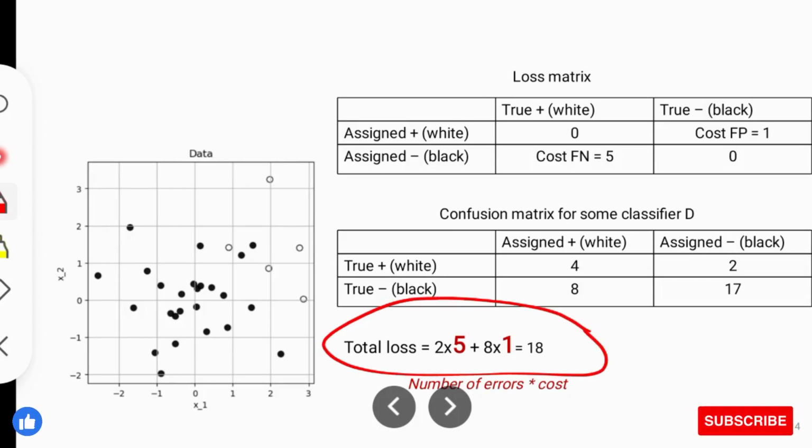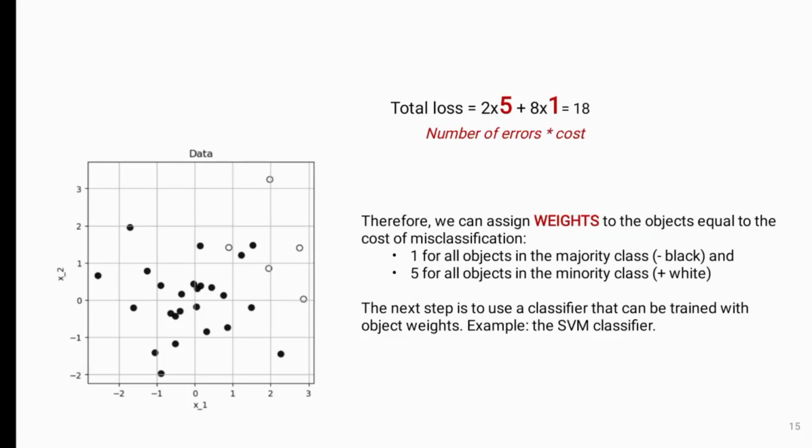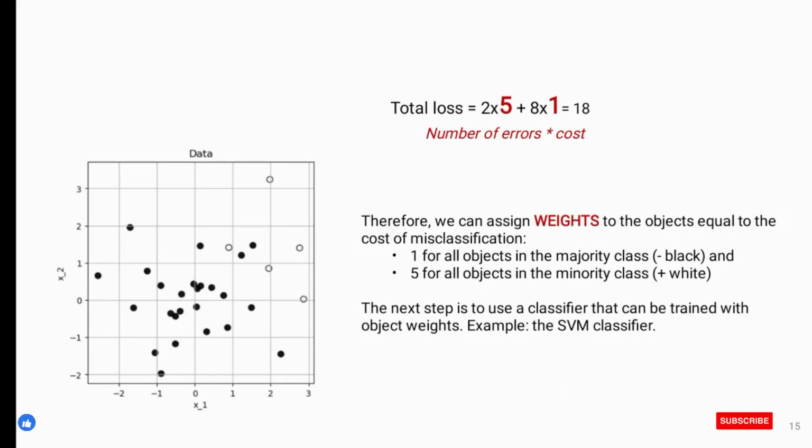So therefore, we can assign weights to the objects equal to the cost of the misclassification. So 1 for the objects in the majority class, the minus, the black, and 5 for the objects in the minority class.